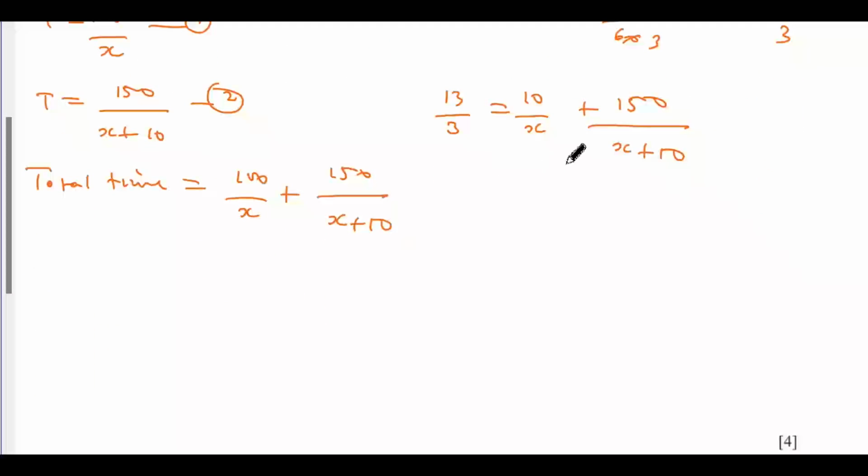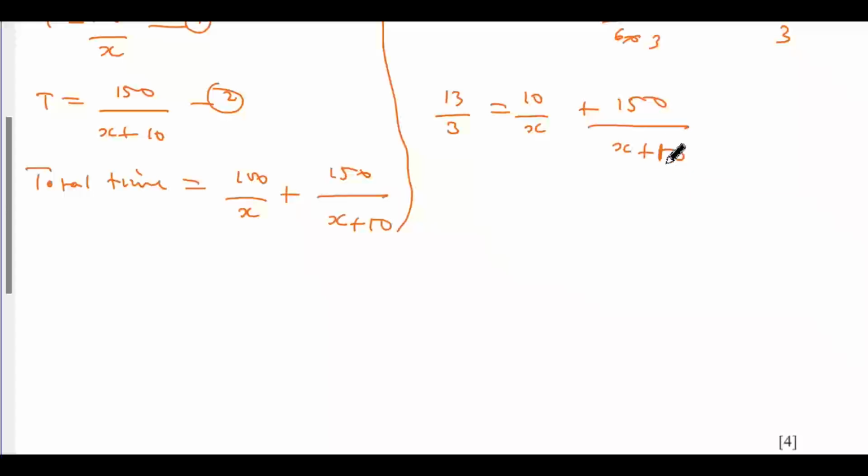From here, you can multiply through by the LCM. The LCM will be the product of 3 and x, and the product of 3x and x plus 10.